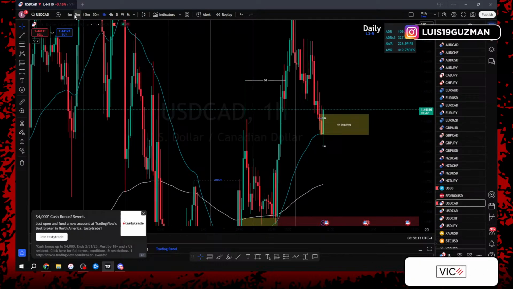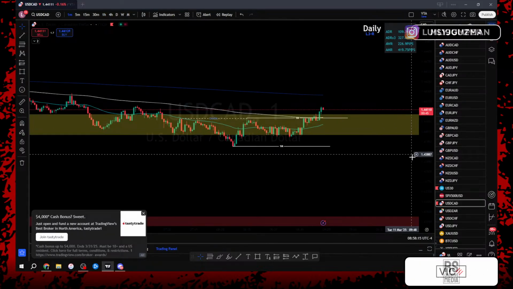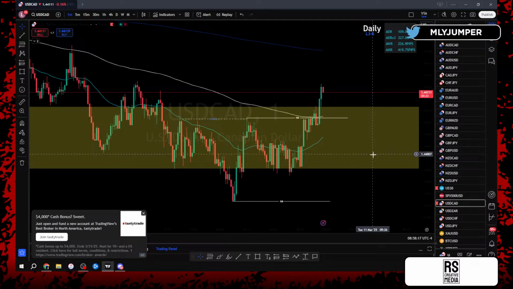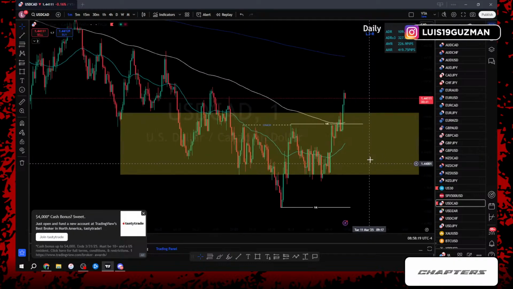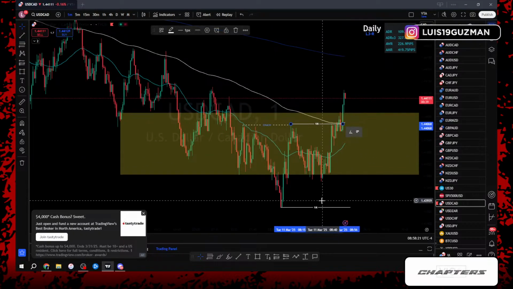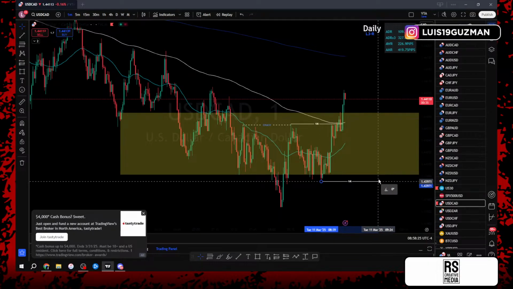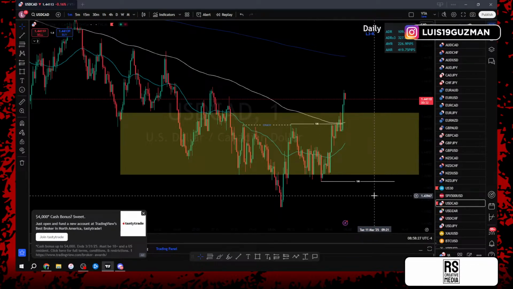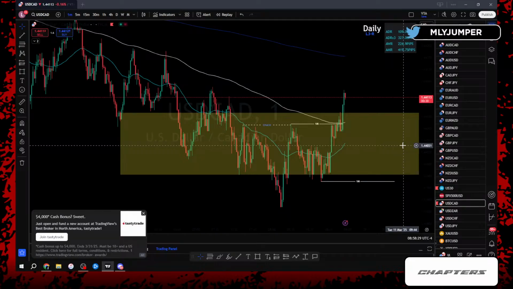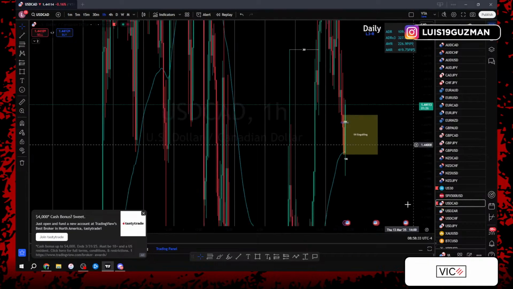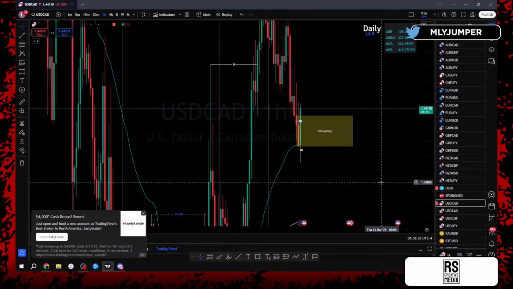Yo, I ain't gonna lie. Alright, we got the break of structure on the 1 minute time frame. We're looking good. Some motherfuckers start barking. Hell no. Now I'll be looking for the engulfing candle.